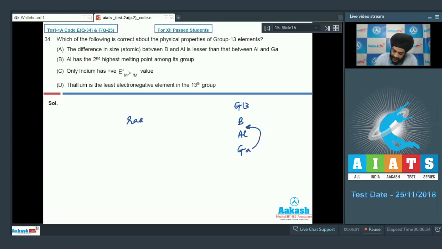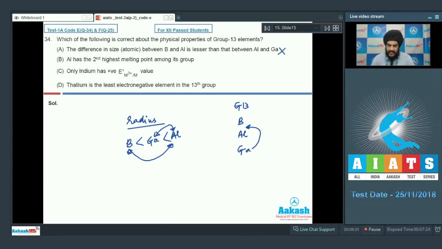So the radius follows the order boron is lesser than gallium, is lesser than aluminium. So if we talk about the difference in size between boron and aluminium and gallium and aluminium, obviously the difference between boron and aluminium shall be greater than that between aluminium and gallium. So this statement is incorrect.